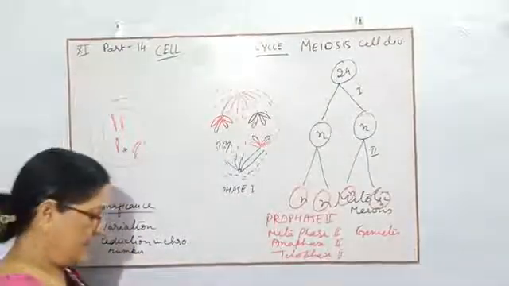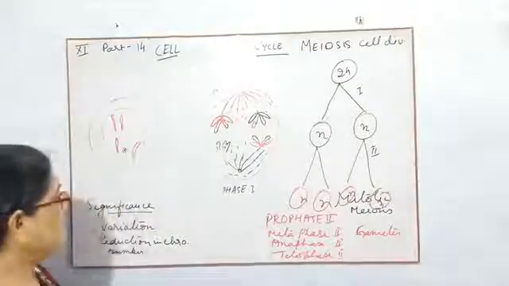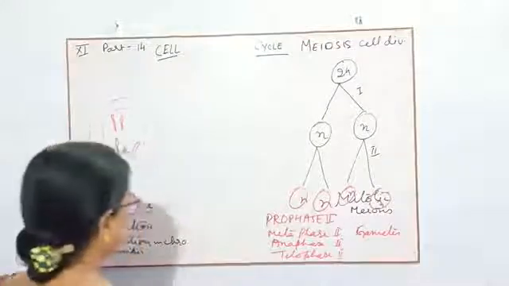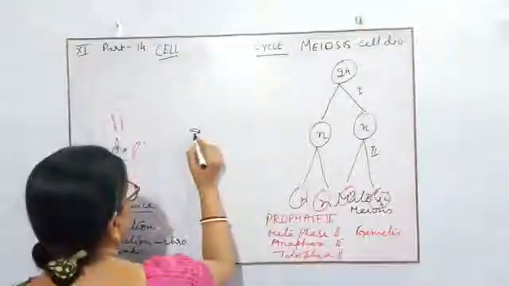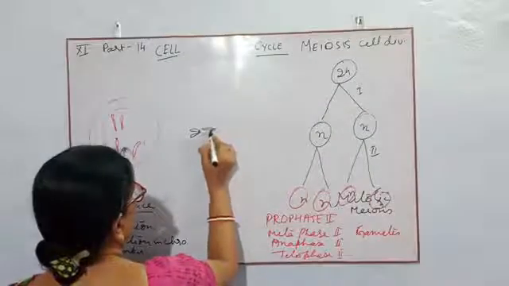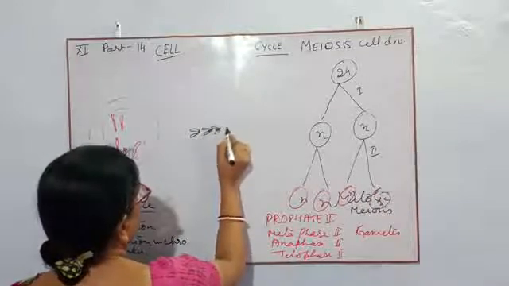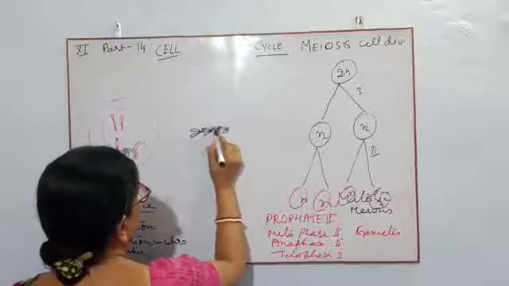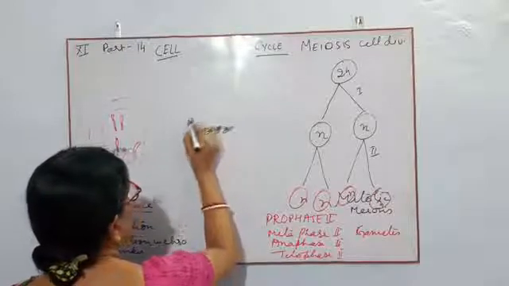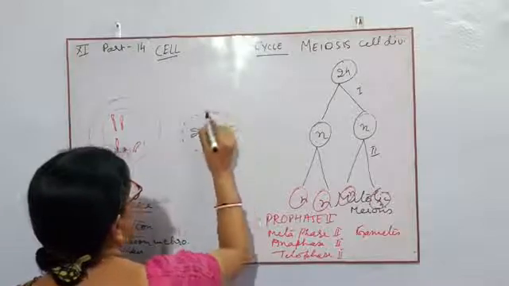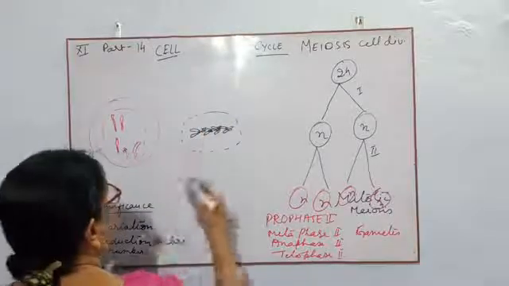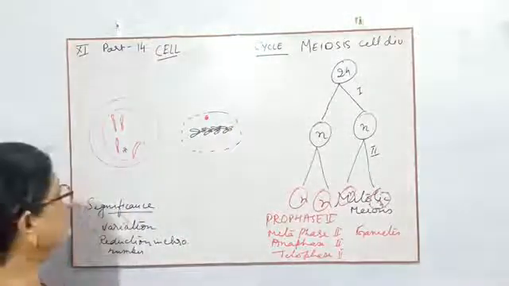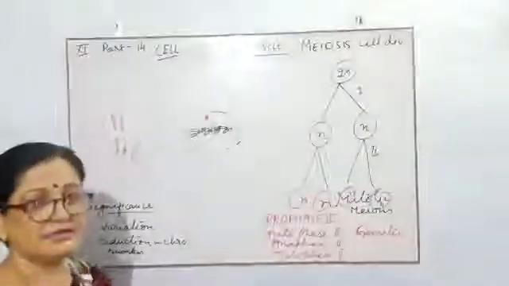After that, in metaphase 2, all the 4 chromosomes again come to lie on the equator.